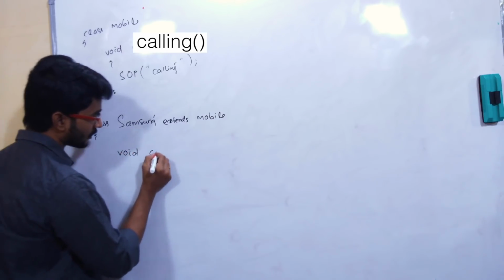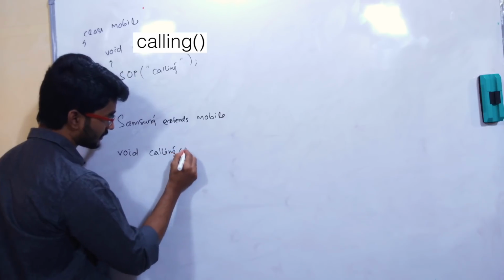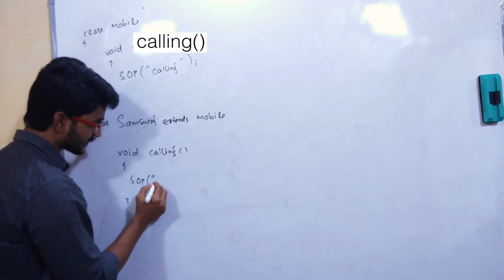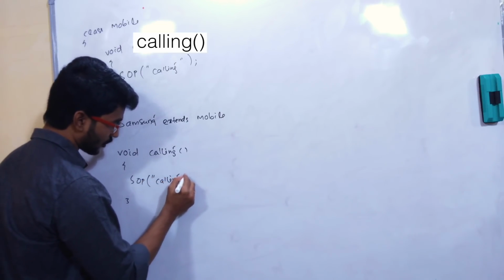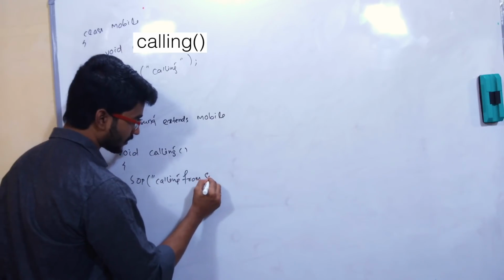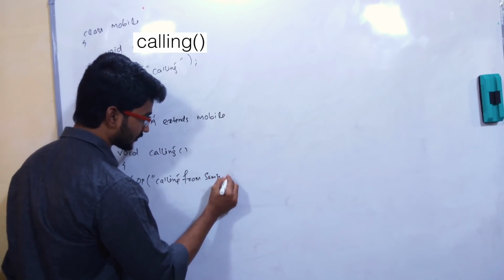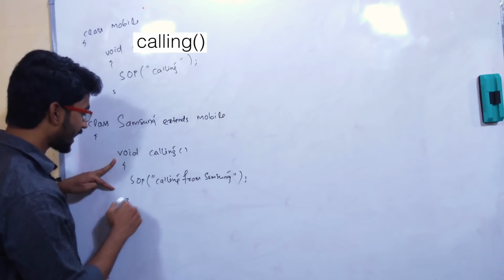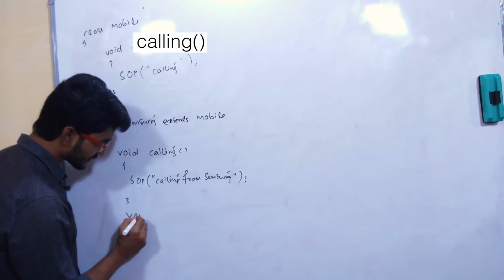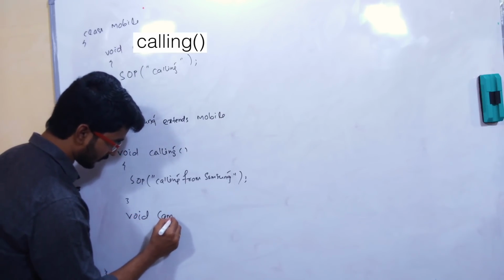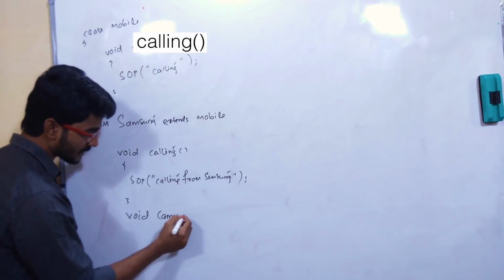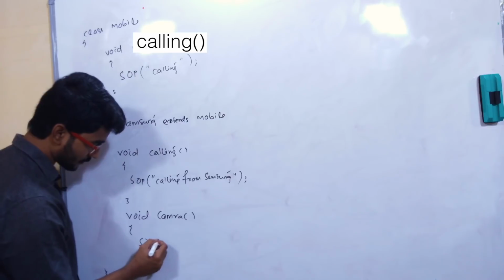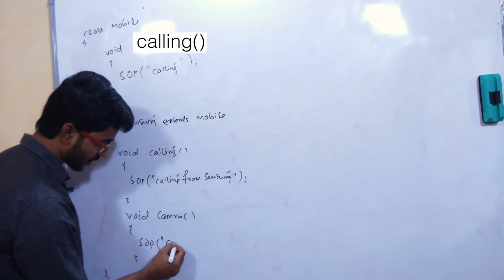Let's say void calling again, and let me give it a body with System.out.println, "calling from Samsung". Now let's say Samsung has a new feature: if you use a Samsung mobile, you can also use the camera. So this class Samsung is providing an extra feature, camera, and I'll write System.out.println "camera on".